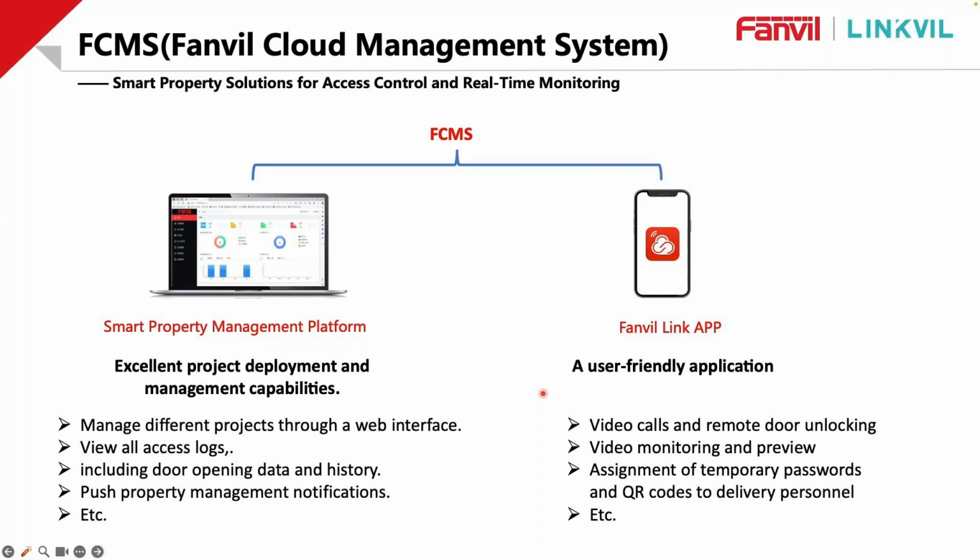In the case of community projects, any user of the Fanvil Link app has the option to receive video calls anywhere, anytime, do remote door unlocking, and use video monitoring and preview actions.